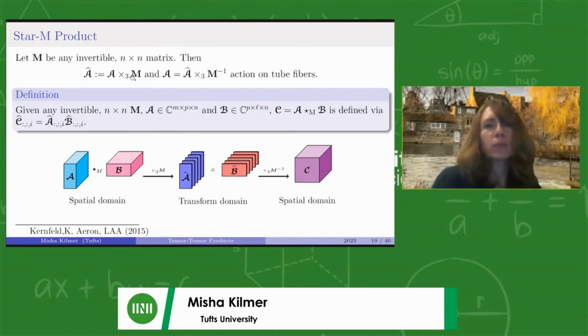So the times 3 M means take every tube fiber in the tensor A and apply M to that tube fiber. In other words, do a matrix vector product. Okay. The resulting tensor, after I've done that to every tube fiber, I call that A hat.